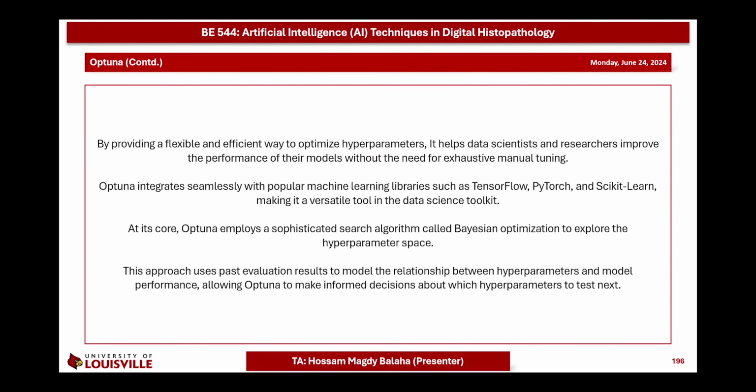Optuna can be integrated with TensorFlow, PyTorch, and scikit-learn packages, and many others, as mentioned, with any problems that require optimization. Internally, Optuna employs a sophisticated search algorithm called Bayesian optimization, similar to Keras, but Keras implements another two techniques, as mentioned, hyperband and random search.